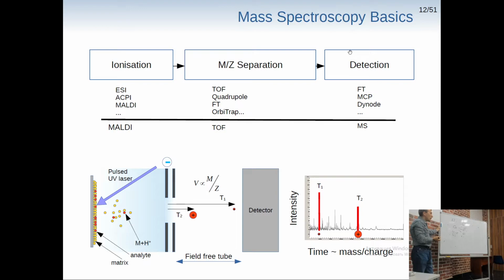Afterward, what we can do is separate those fragments by mass to charge ratio, and what we'll get is what you usually have in gas mass spectrometry equipment. Let's say you have some small molecule, let it be something like this.